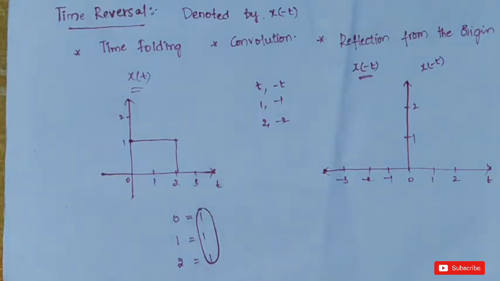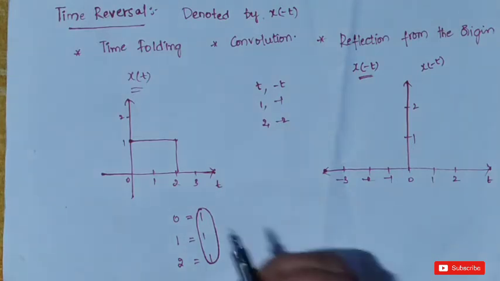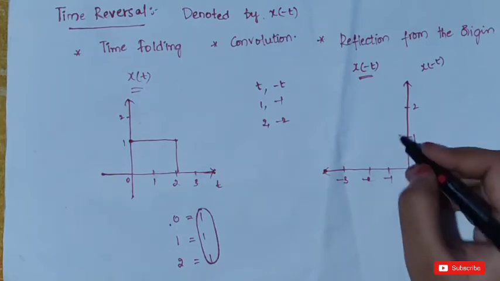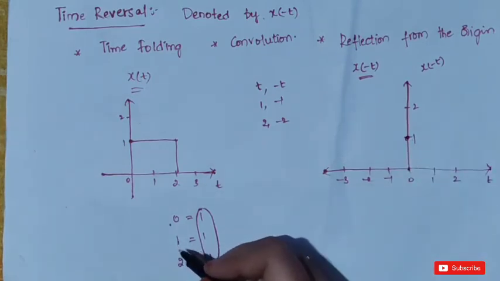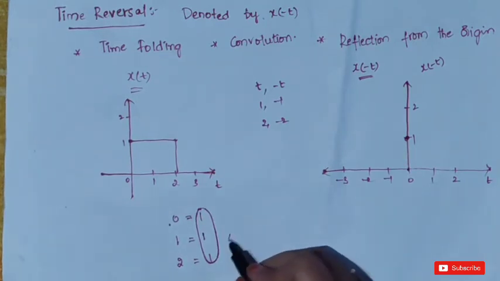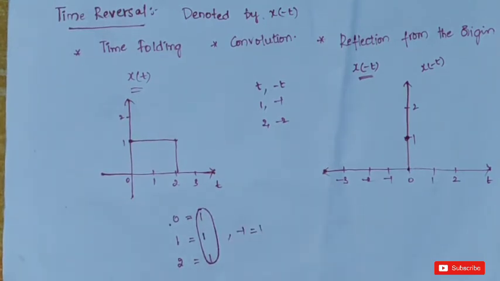Now we need to find x of minus t. Here at 0 it is 1. At 1 its amplitude is 1. So in x of minus t, how does it change? At minus 1 its amplitude will become 1.